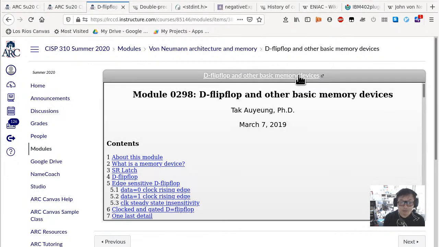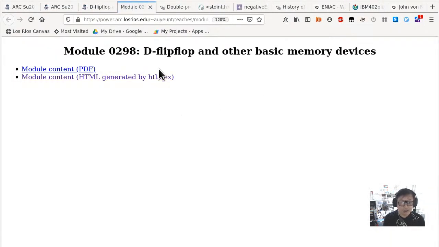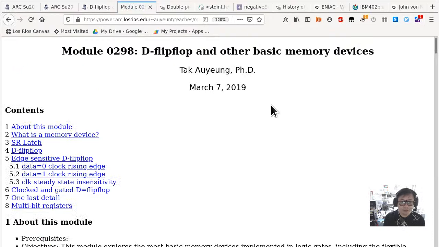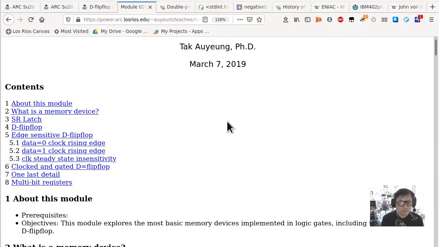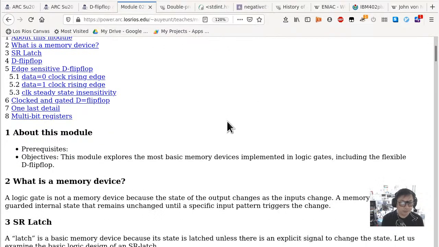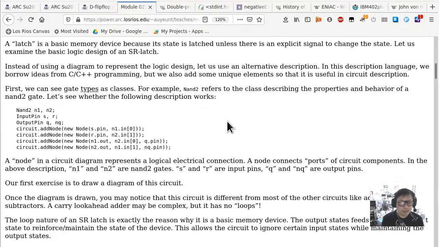Some of you are way ahead and already into the D flip-flop and memory device discussions, and that's great. I really like you to read ahead of me because that will help you understand the concepts a whole lot better.